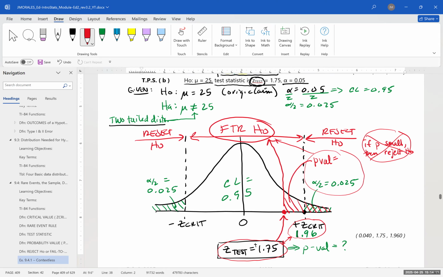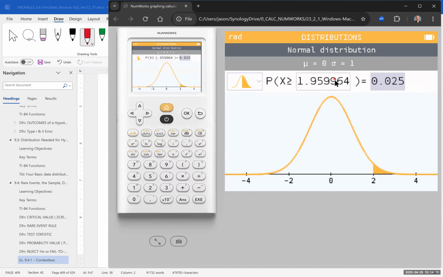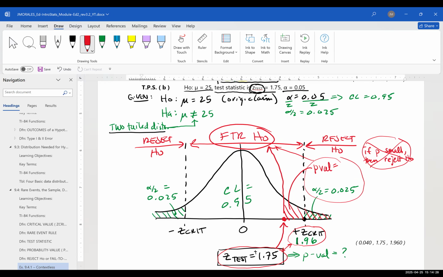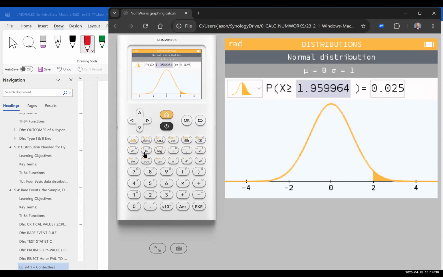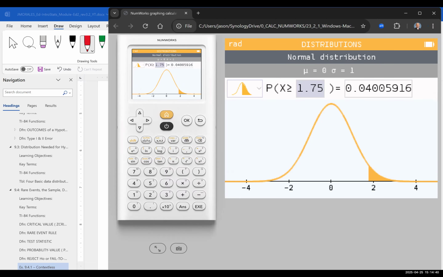So let's do this with the NumWorks calculator first. I'm going to use the area to the right, and the test statistic, I was just looking at it, is 1.75. So we want the area to the right of 1.75. That gives us an area of 0.04.